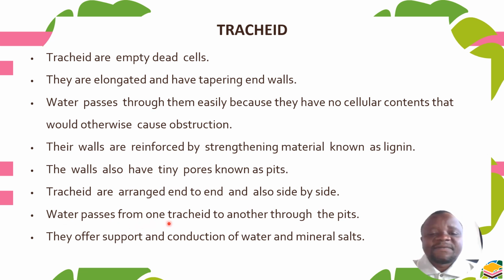Water passes from one tracheid to another through the pits. So the pits allow water to move from one tracheid to another. They offer support and conduction of water as well as mineral salts. That's what the tracheids do.